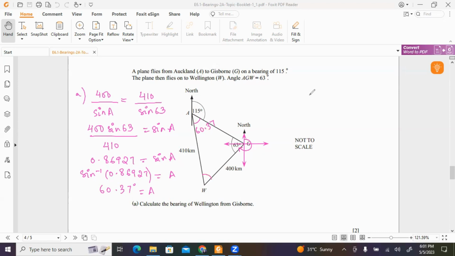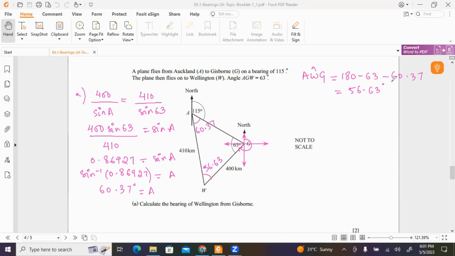So 180 minus 63 minus 60.37 is 56.63. Write that over here as well. Angle AWG is 56.63 degrees.